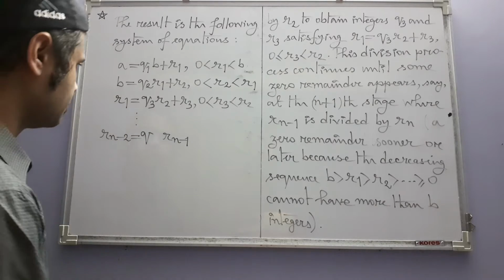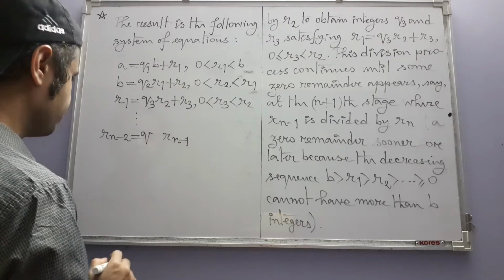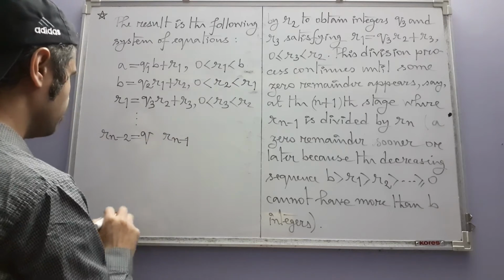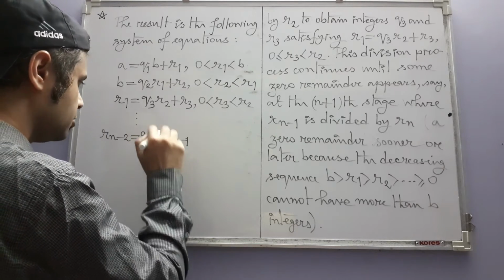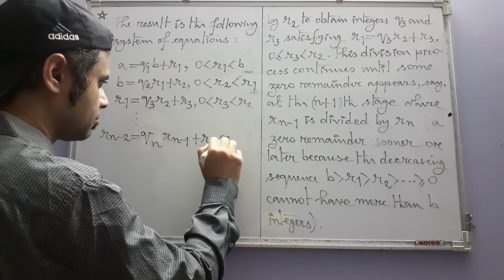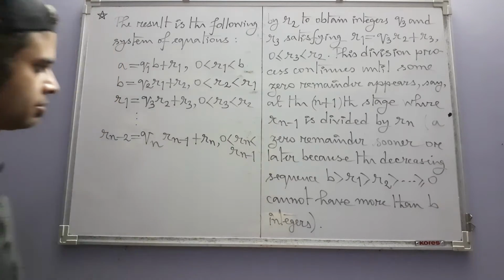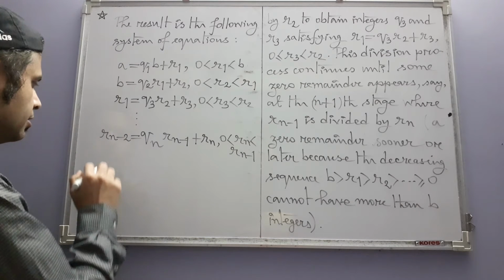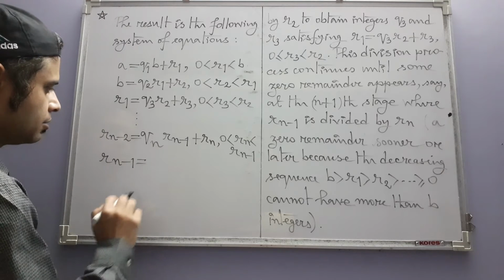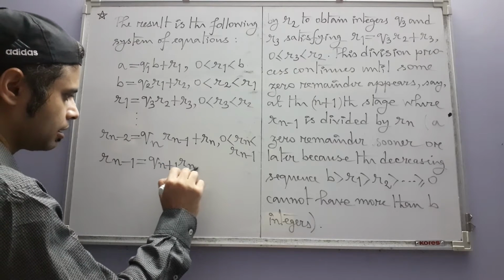Maintaining the pattern of these suffixes, we get Qn plus Rn, where Rn satisfies these inequalities, and in the next step Rn minus 1 is equal to Qn plus 1 Rn plus 0.